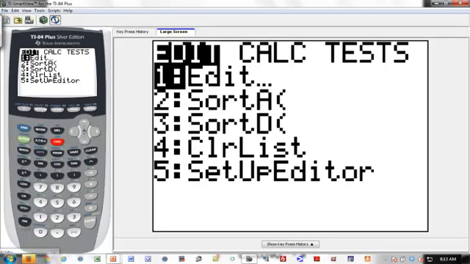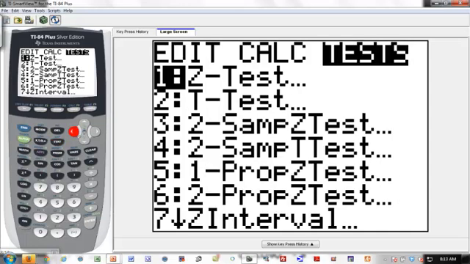Go to the stats menu. Look under the tests menu. And now that word test actually makes sense because now we're testing a claim. And we got a bunch of different options here.